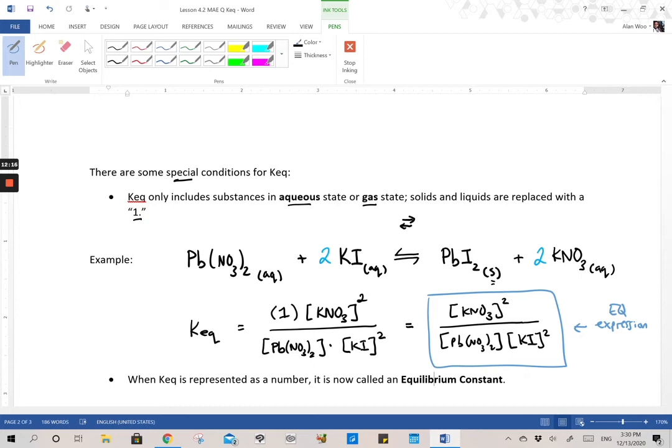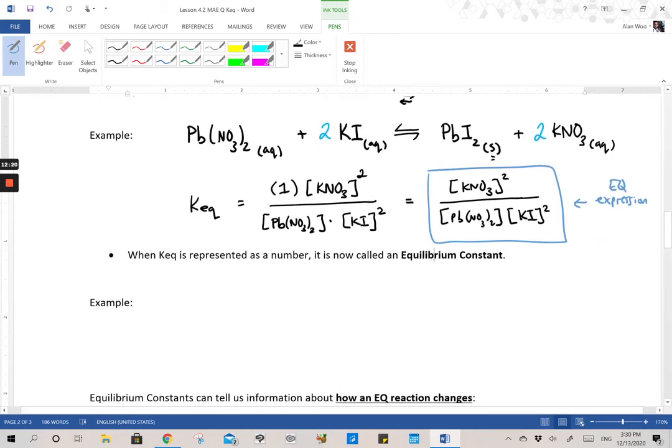So here we have the KEQ expression, but we don't have an actual value. It's just a formula. Okay. So the second point that I want to make is we use the same symbol, okay, KEQ, to represent an expression, but we can also use it to represent a number.